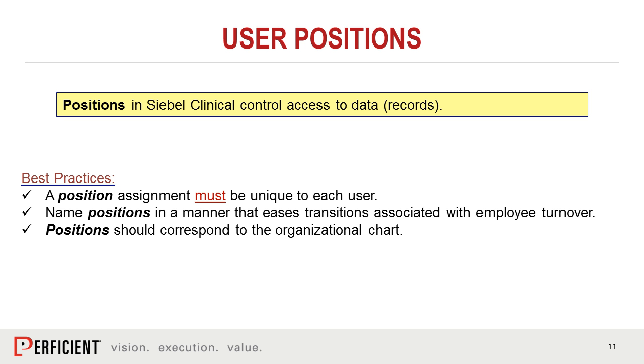But since it's assigned to an actual position, when Jane Jones leaves, we basically take the position of CRA 2 and assign it to the new employee. So a new position doesn't have to be created. We just simply assign that position to the new user. That way, all of the things that have been assigned to Jane are now assigned to the new employee. So this is how user positions work within the application.